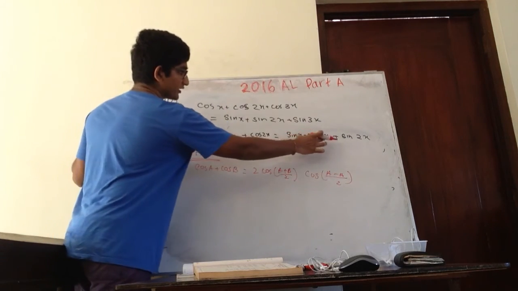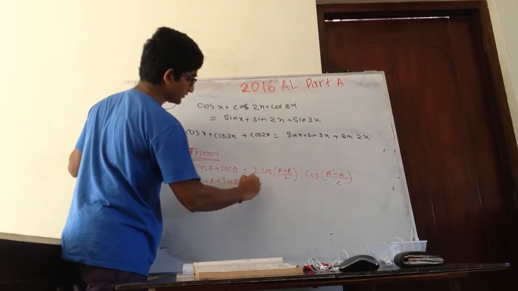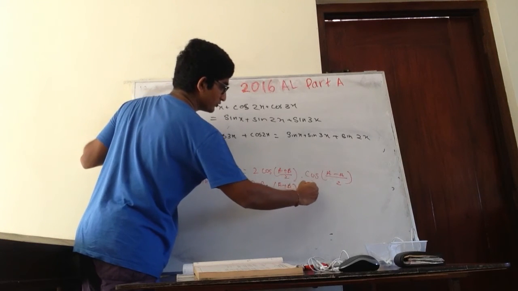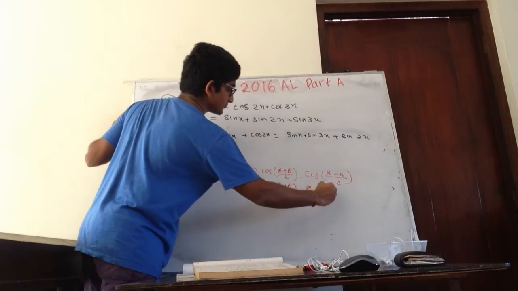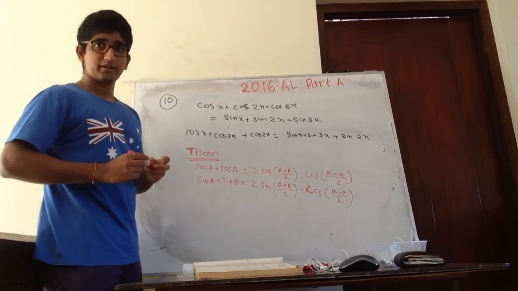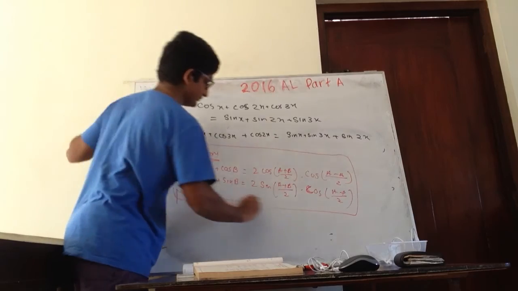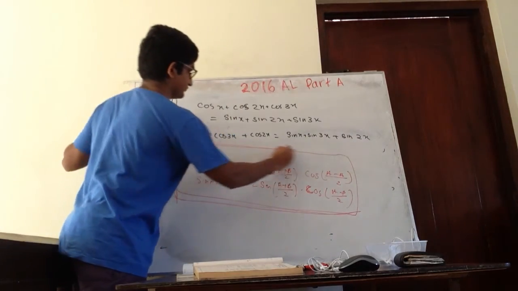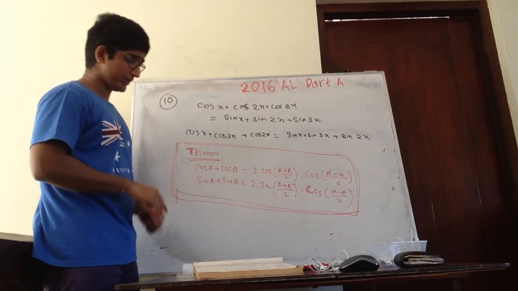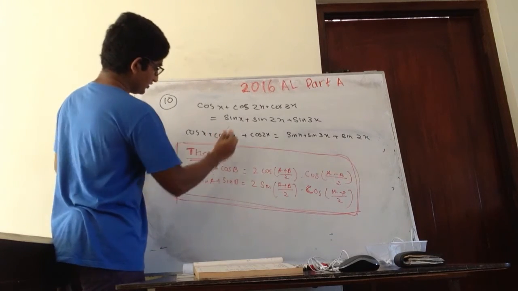Then for sin addition, sin A plus sin B is 2 sin (A plus B) over 2 times cos (A minus B) over 2. So this is the theory reminder. Now if we use this, we will get what?